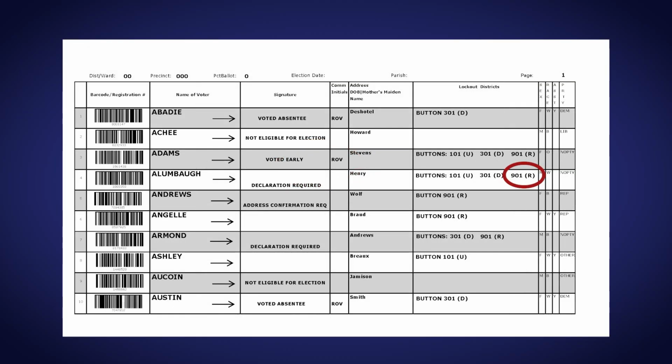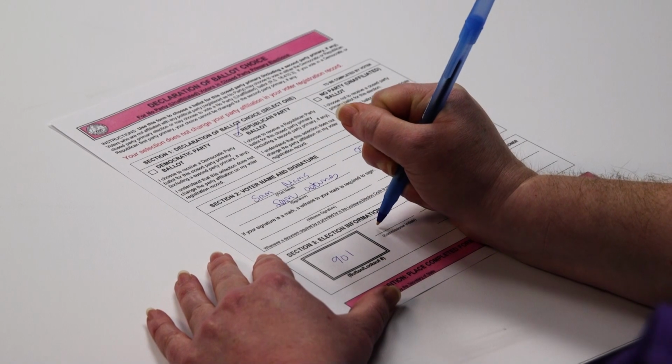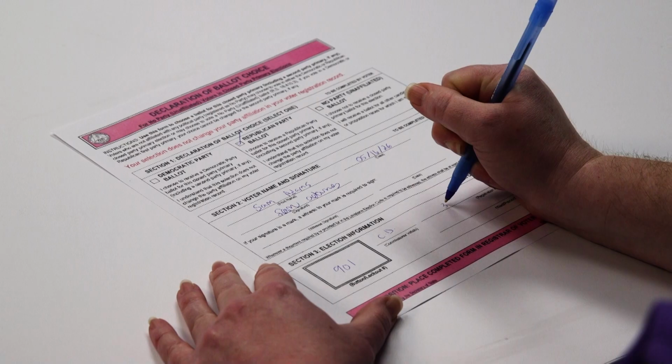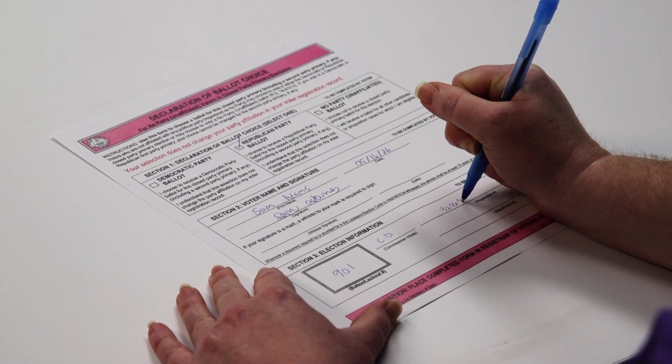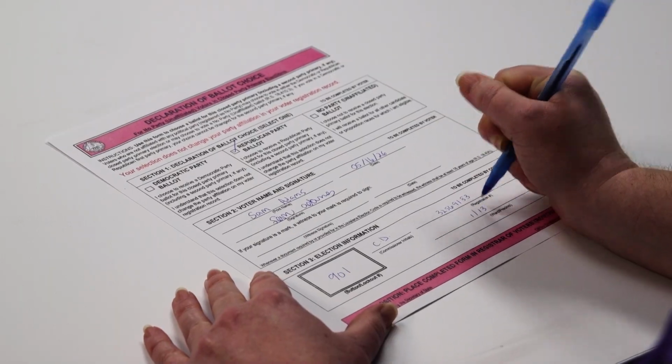Once the lockout number has been circled in the precinct register and written on the declaration of ballot choice form, you must initial the form. That circled lockout number will be used to activate the AVC machine for that voter's ballot. Finally, you will write the voter's registration number and ward and/or precinct on the appropriate lines.